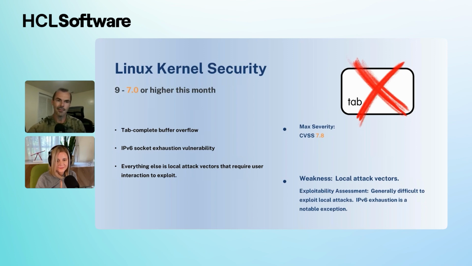One thing that really breaks my heart here, I gotta pour one out for my homie Tab. It's my favorite button on the keyboard. Auto-completing text is my life, and there is a bug in the Linux kernel today where hitting tab can overflow your memory, and I can't even imagine how an attacker would exploit this other than just crashing your system.